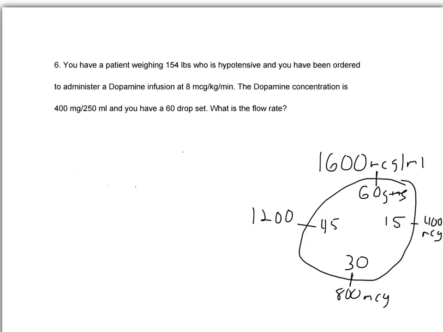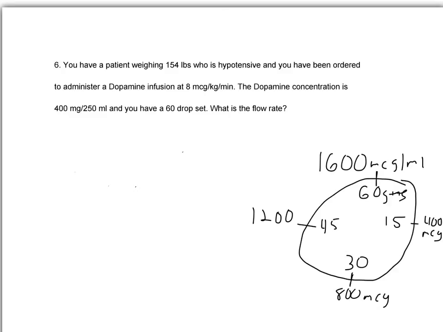So now this is all set up for us, and with practice you can just get used to doing this quickly. If you know what your dopamine concentration is beforehand, you can just set this up even at the start of your shift as a way to check your work.